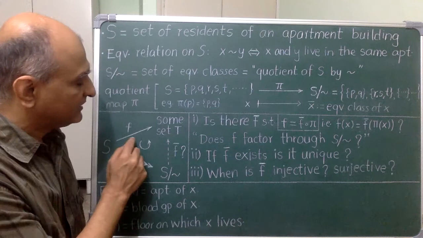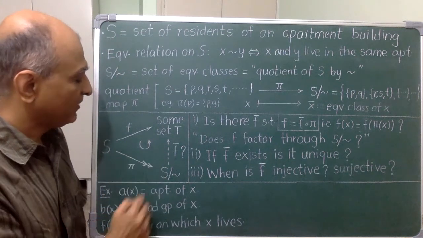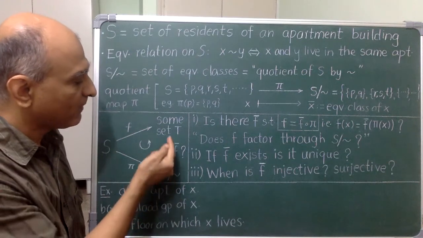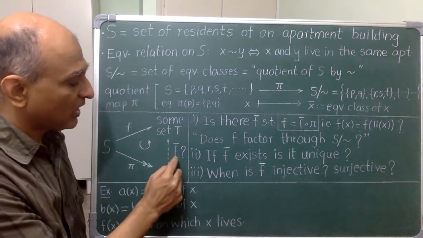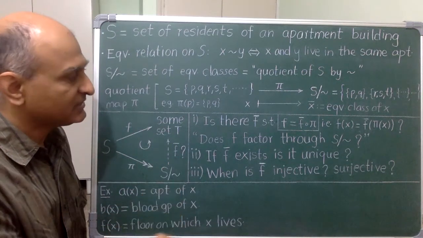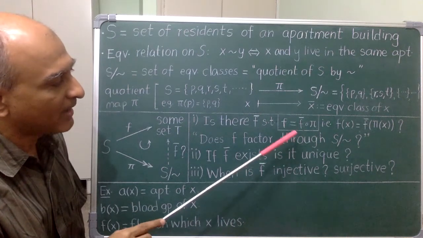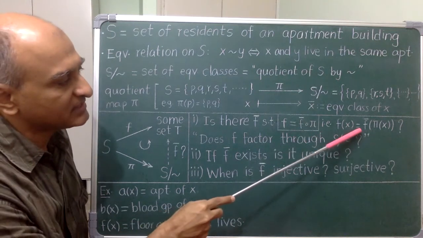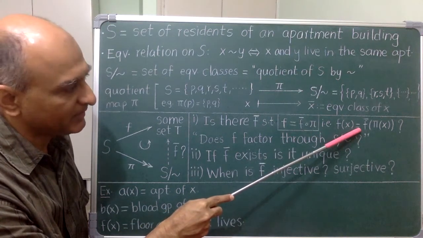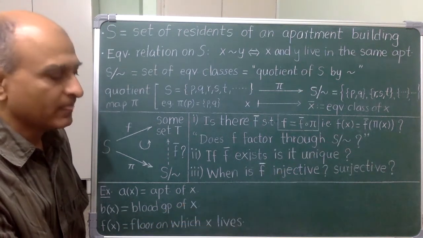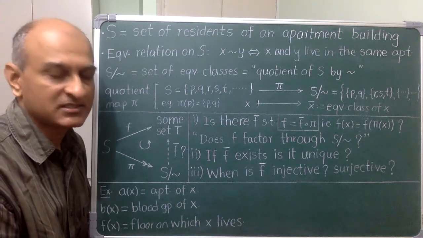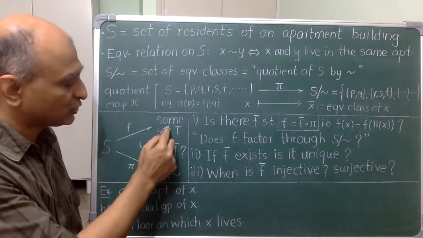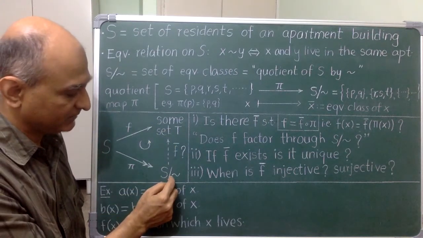Okay, this diagram being commutative means f is the same map as pi followed by f bar. So asking for f bar means asking for existence of a map such that this equation holds, which is the same as this one written now in the element form. When such f bar exists, I often say that the map f factors through this quotient set.